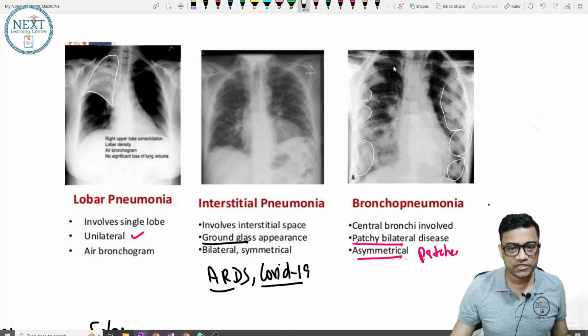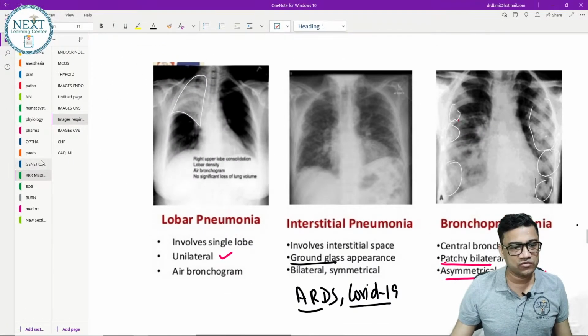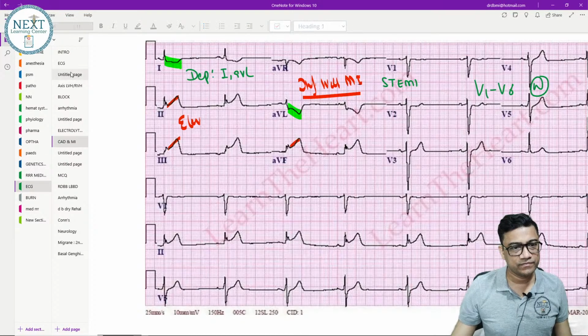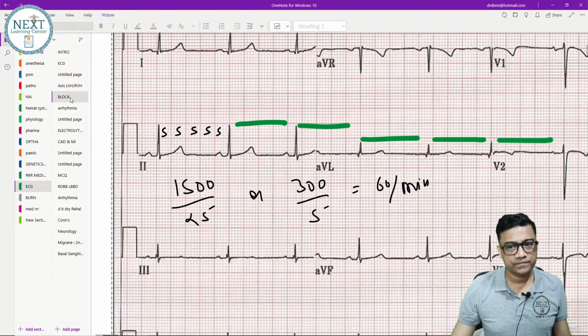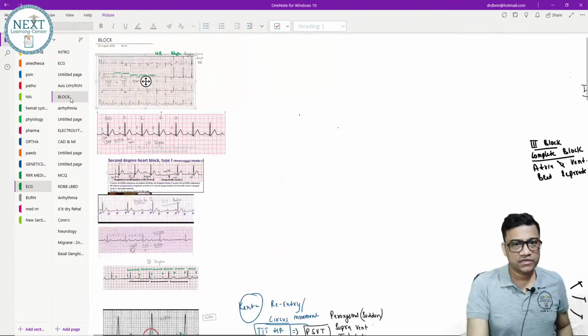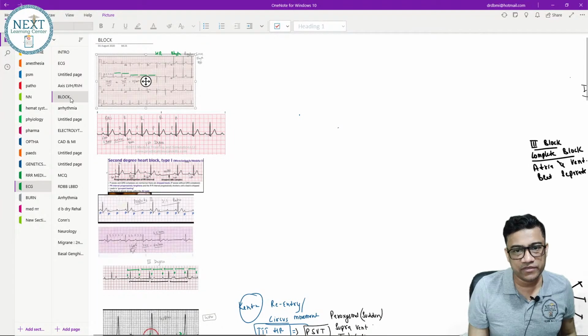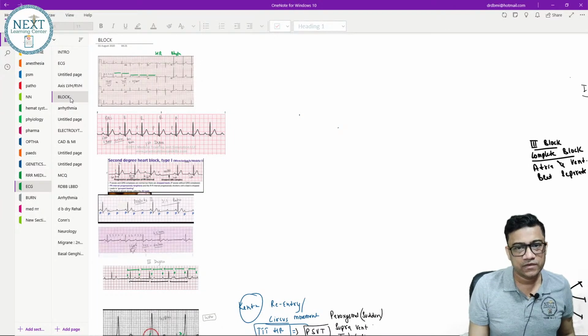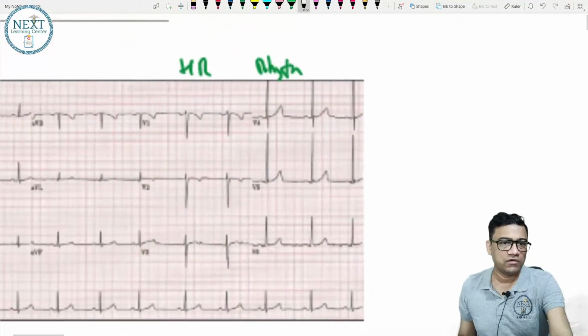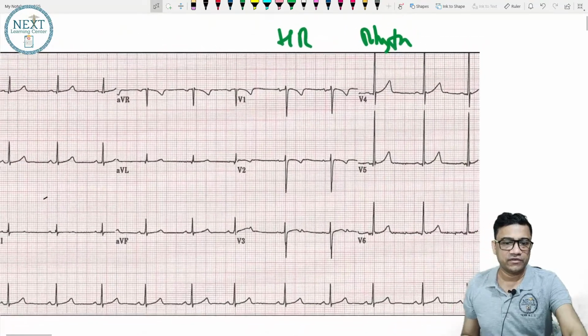Let me show you. I'm showing you an ECG. You have to tell me the rate and rhythm, everything. It will be on your screen in a second. Look at everything: heart rate and rhythm.